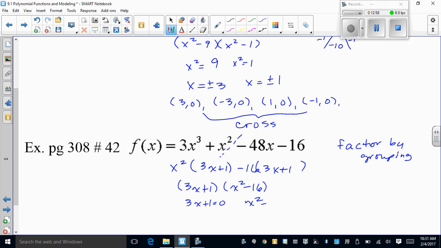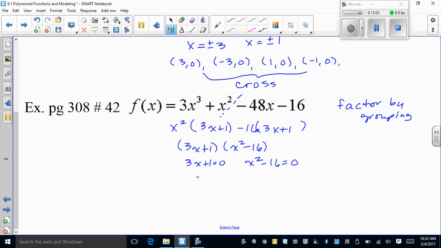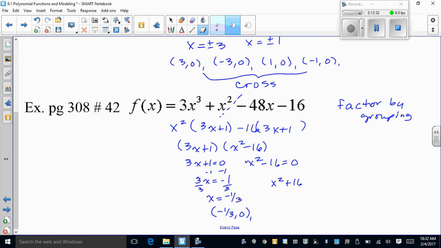Subtract 1, you get 3x equals -1. Divide by 3, you get x equals -1/3. So this gives us a zero of (-1/3, 0), multiplicity 1. And then this one, add 16 to both sides, you get x squared equals 16.